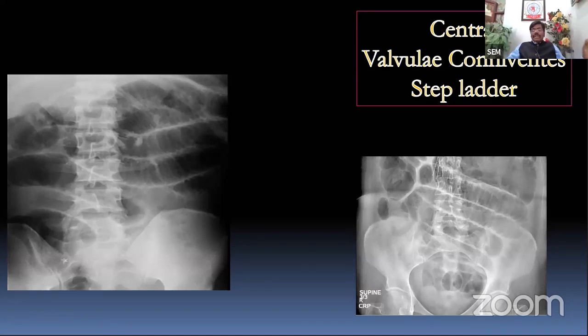Valvulae conniventes are nothing but complete mucosal folds normally seen in the proximal small bowel like the jejunum. They are telltale radiological evidence on the plain film that what you are seeing there is actually jejunum, because you know the mesentery stretches from the DJ flexure to the ileocecal junction, that is from there to here.